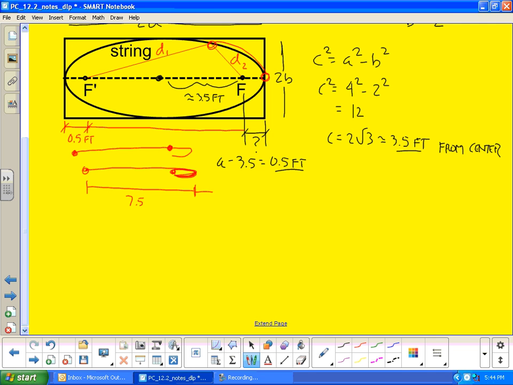So really I would have to add on to that another half of a foot, making our total length about 8 feet. Now again, we rounded root 3, which is our C value, to 3.5. It's actually 3.46. So we'd be off a little bit. There we go.